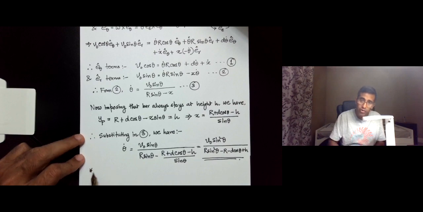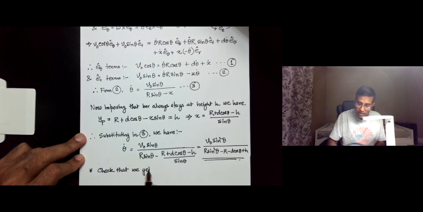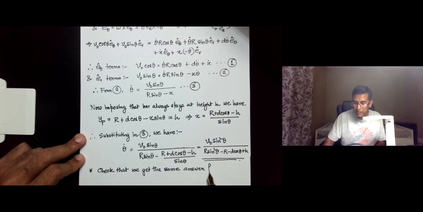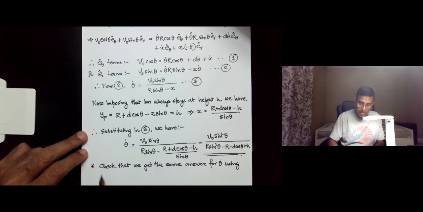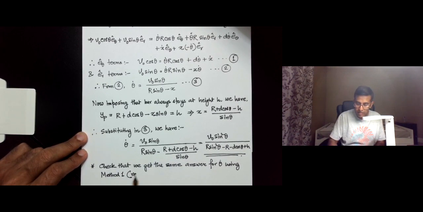So I'm just going to put a note: check that we get the same answer for theta dot using method 1, relative velocities in rotating frame.